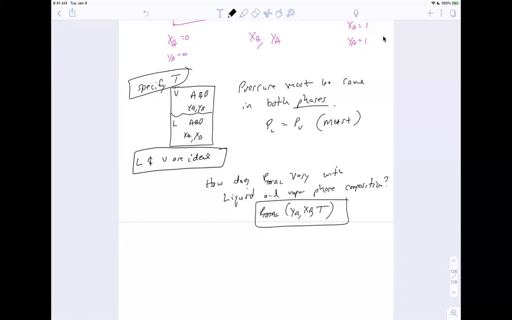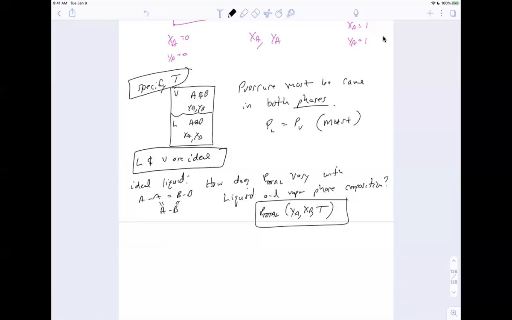Those interactions between different particles in the system are equivalent. So in this case, since we have two components, A and B, the interactions between A and A are equal to the interactions between B and B, meaning that AA interactions, BB interactions, and AB interactions are all equal.